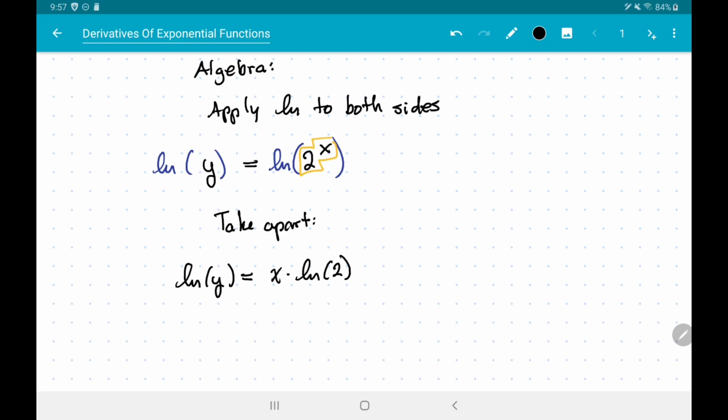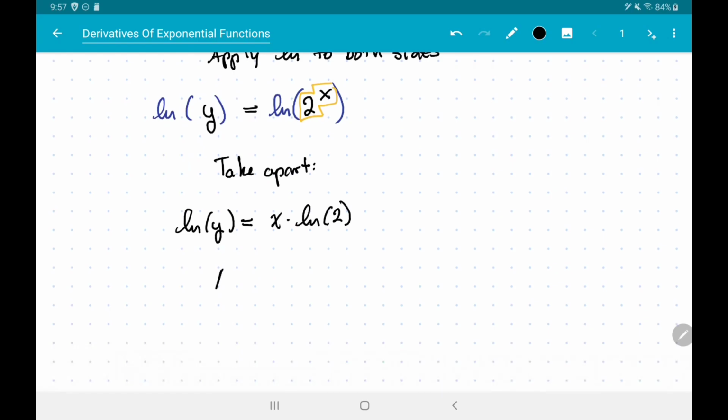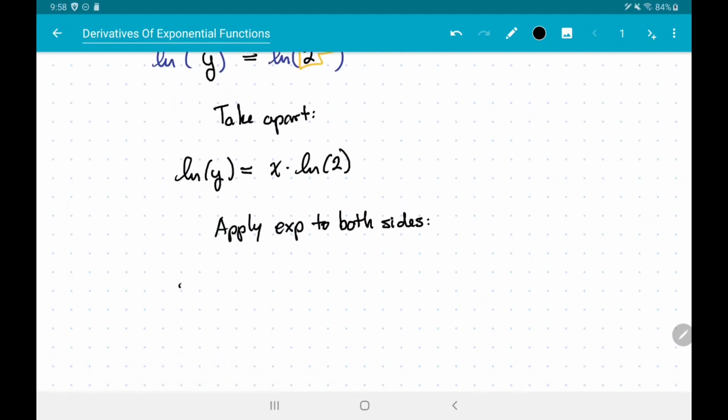Now I'm going to do something a little bit strange. I'm going to apply the natural exponential operation to both sides. Okay, so I'm going to do e to the left equals e to the right.